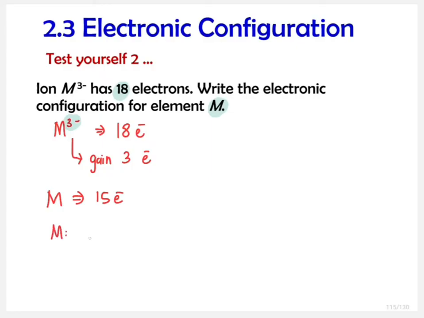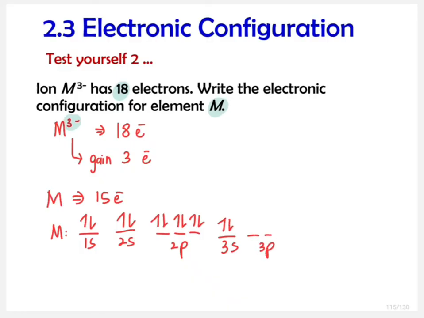So untuk M, okay, kita ada 1s, 2s, okay, 1, 2, 3, 4, 5, 6, 7, 8, 9, 10. Okay, sekarang dah isi 10. Okay, after 2p, 3s, 10, 11, 12. Okay, after 3s, 3p.